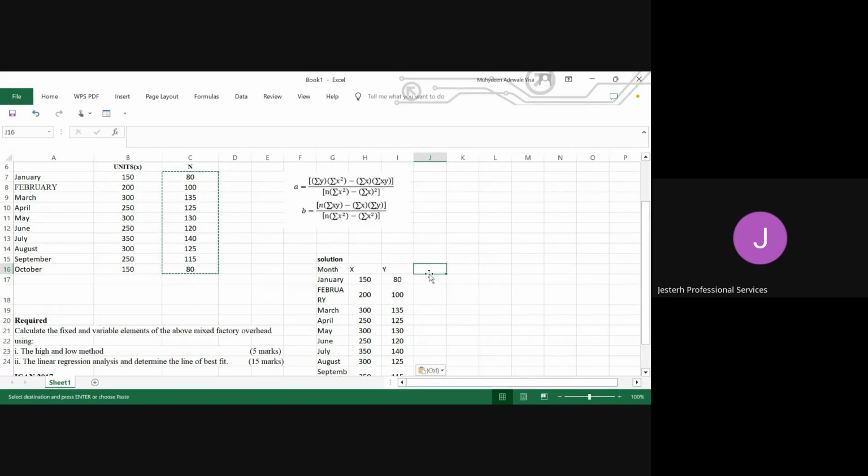Now, based on the formula, we should calculate for X squared. I will put X2. I believe we should know that it stands for X squared. I don't want to waste time trying to locate where the formula is. And then they say we should look for XY, which means the summation of the XY.